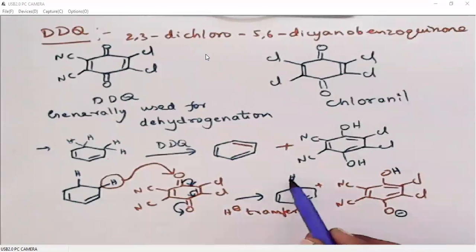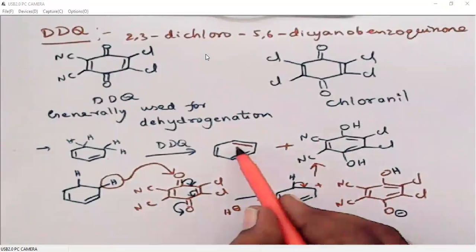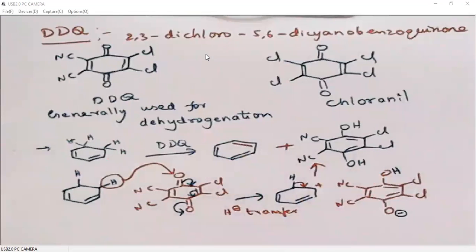Then bonding electrons will be polarized towards the positive charge, towards this carbocation. So we will generate a double bond. We will generate an alkene and the DDQ becomes completely reduced.